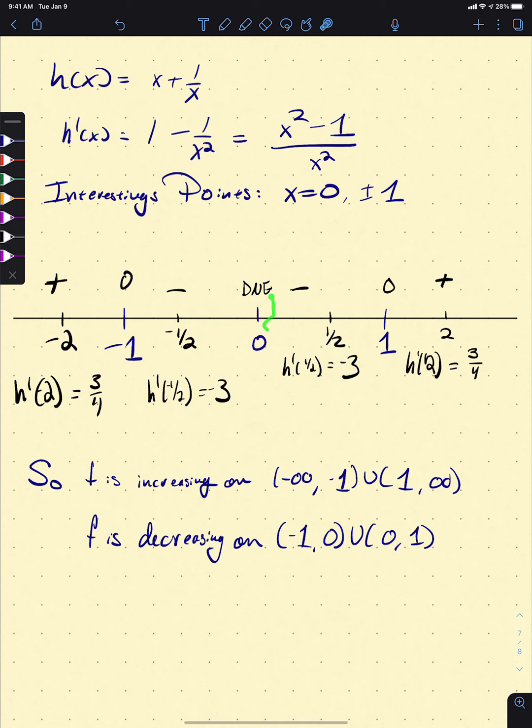One thing to notice here is it's not increasing or decreasing at 0, because our derivative doesn't exist there. So we do need to take care to exclude 0 here. Another thing to notice is that we can't just assume that it will always switch.